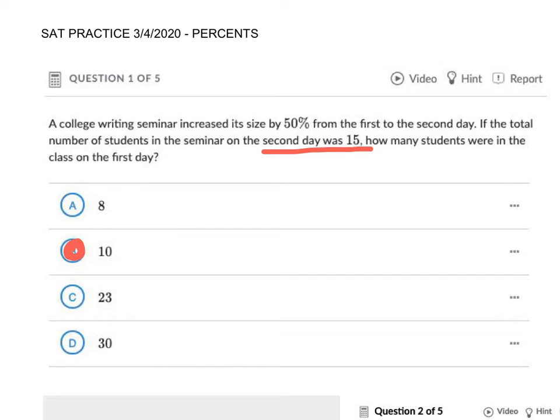Well, I think to do this, what you could do is take the second day, trying to take away 50% of that. So the second day is 150%, right? And that 150% is a new 100%. 50% is a third of 150%, right?